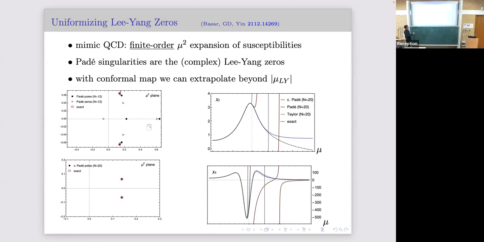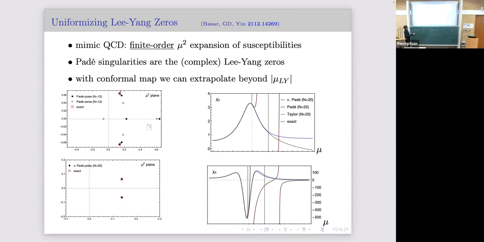So to put it in perspective, this is the second susceptibility, and the fourth one. The blue dashed line is the exact result. This is the Lee-Yang zero, so that's the radius of convergence. So the Taylor expansion just stops being useful at that point. If you do Padé, you go over this hump and go on, but then you've got these unphysical solutions because of these holes.